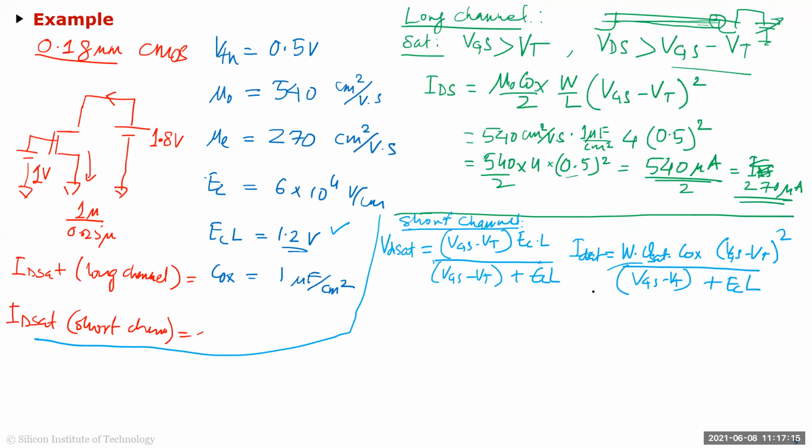And VSAT we calculated as EC times the effective mobility by 2. First calculate VDSAT, find out what this voltage is. That should be pretty straightforward. Once you're happy with this, use this equation to calculate the current and let's see what it comes out to be. I'll give you a couple of minutes to work it. If you have any questions on the equations, just let me know.